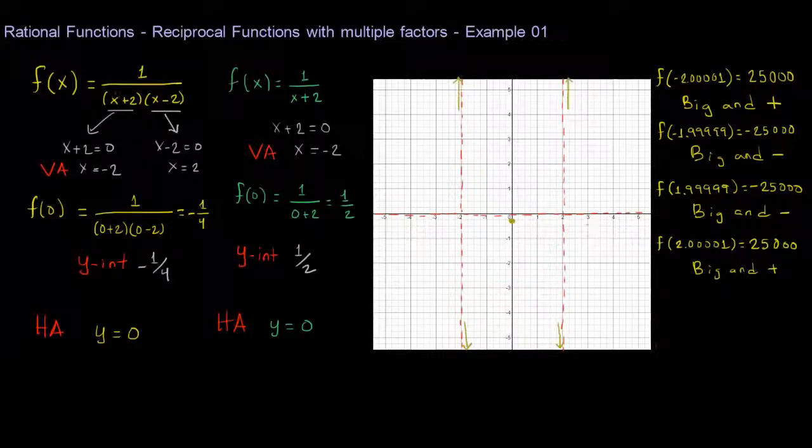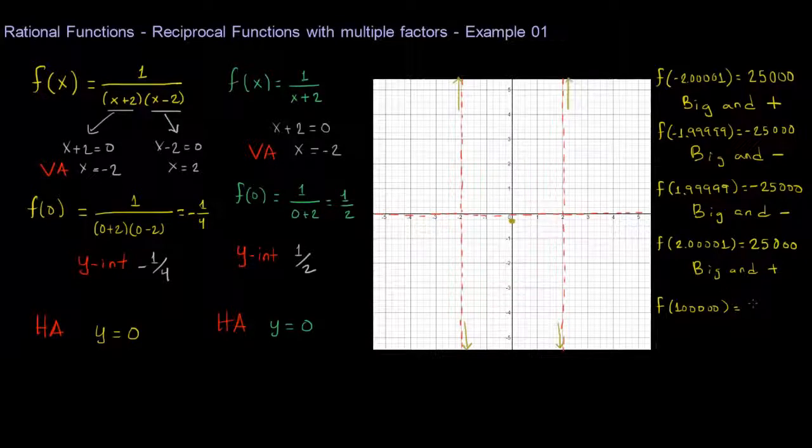And now I'm going to do just two more things. I would ask myself, what would happen if I use a super big number in this function? Let's say I'm going to evaluate f of 100,000.